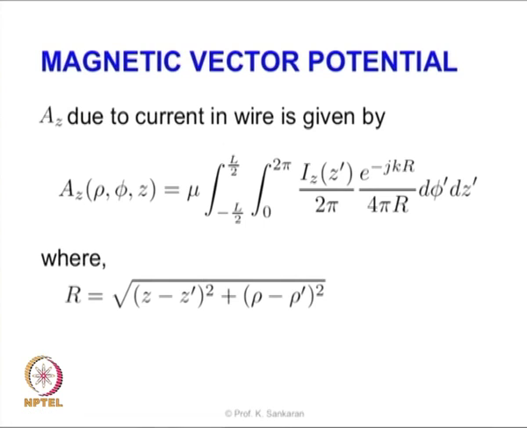And now we substitute the value for R, the distance from the point of the source itself. Remember the source locations are given by z prime and rho prime, and the value of R is equal to the square root of (z minus z prime) squared plus (rho minus rho prime) squared.